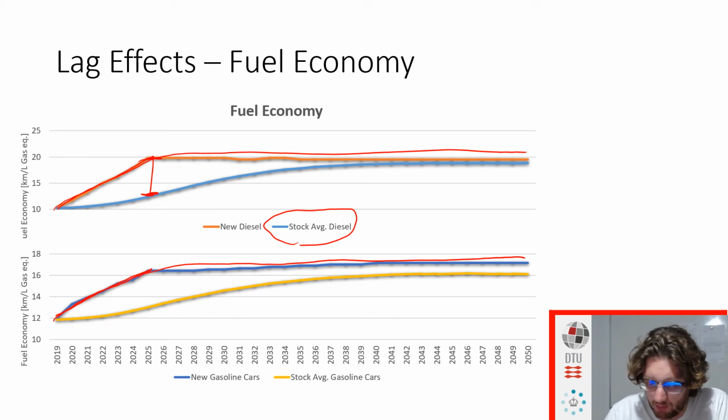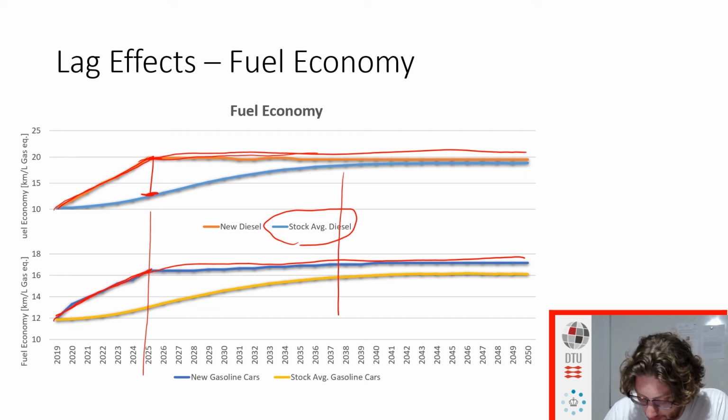It is only when we have had this more or less stagnant. So you can see this is around 2025 in this case, and these line up quite well, within basically 5%, in about 2037 or 8. So that means it takes basically 15 years before they have lined up. And again, that's when a majority of the existing cars have exited the system.